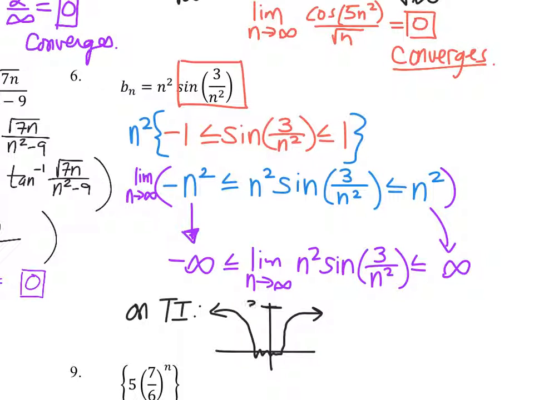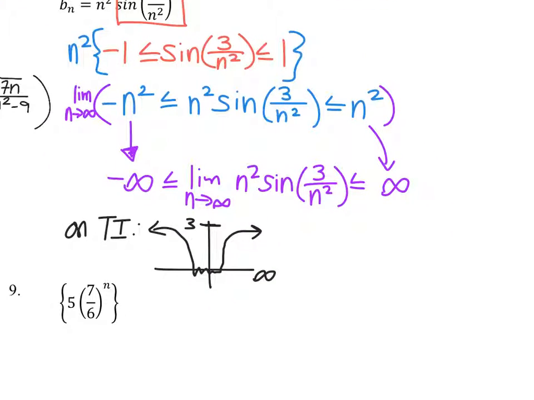As it goes out to infinity, graphically it appears to be approaching 3. But numerically, if you use the table trick that I showed you, you will see that the limit is in fact equal to 3.